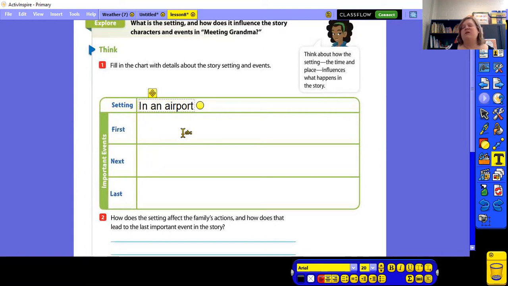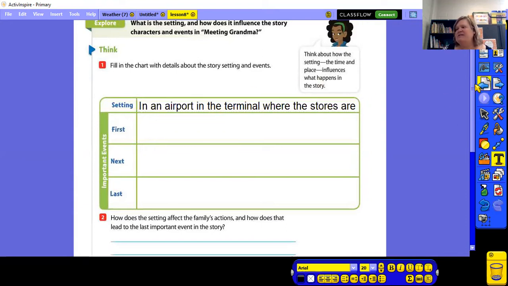So in an airport is where the story happens. And we could say it would be in the terminal where the stores are. We can expand on it. So where the stores are, because it says they buy some Slurpees after a while.